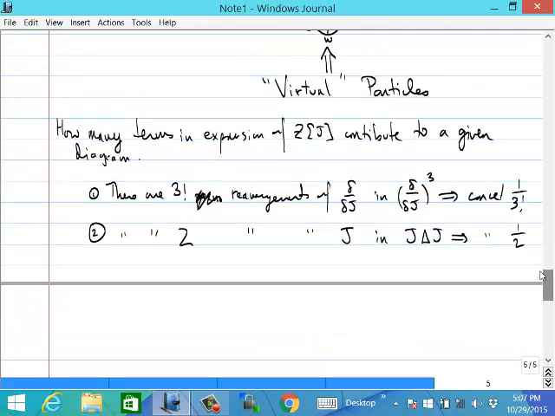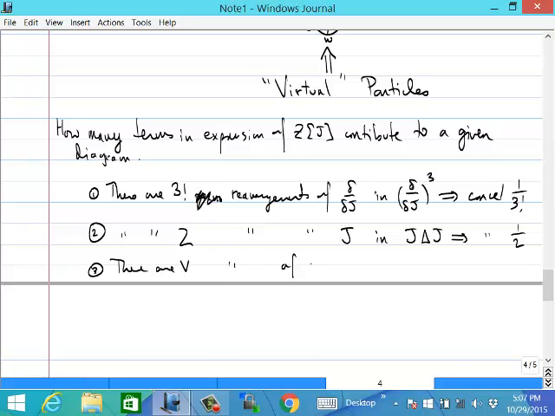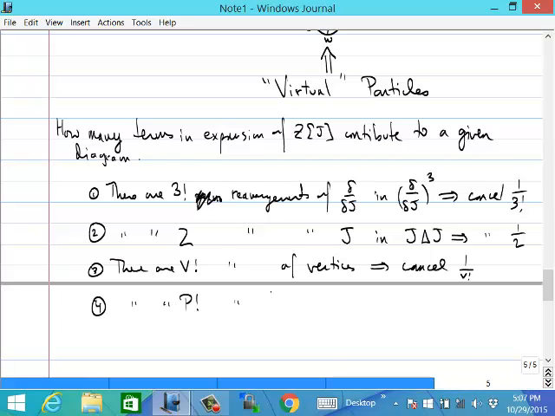And then similarly, there are v factorial rearrangements of vertices, which cancels the 1 over v factorial, and there are p factorial rearrangements of propagators, which cancels the 1 over p factorial.